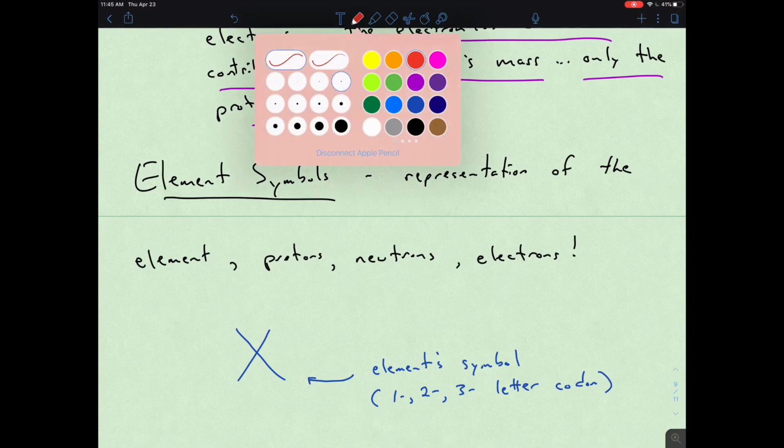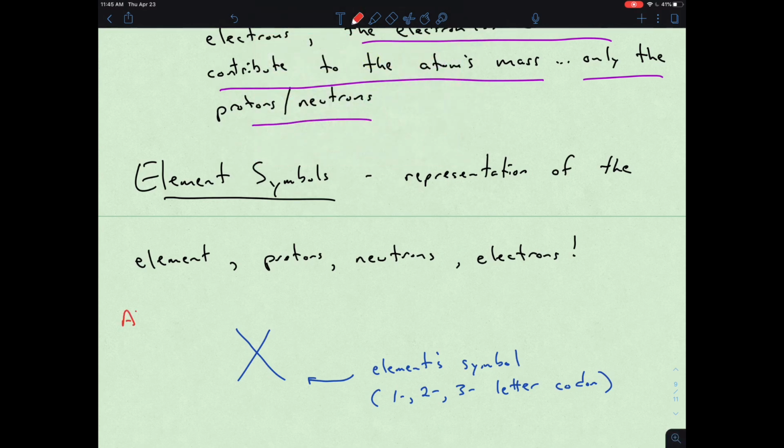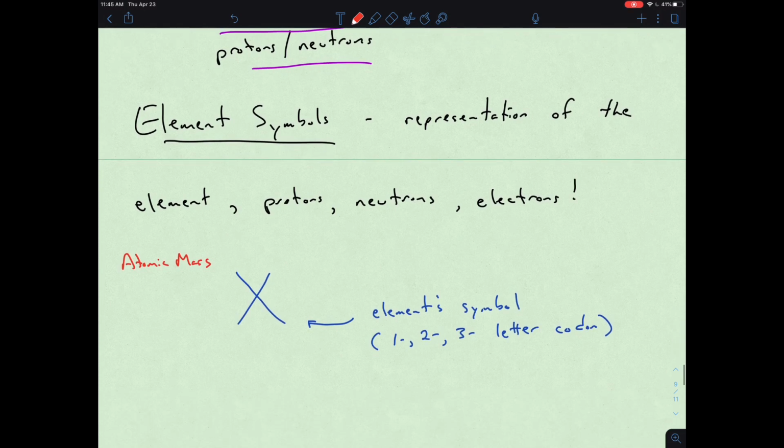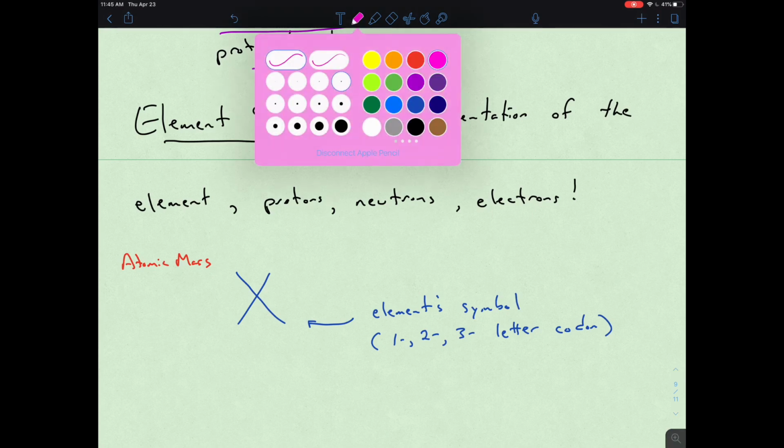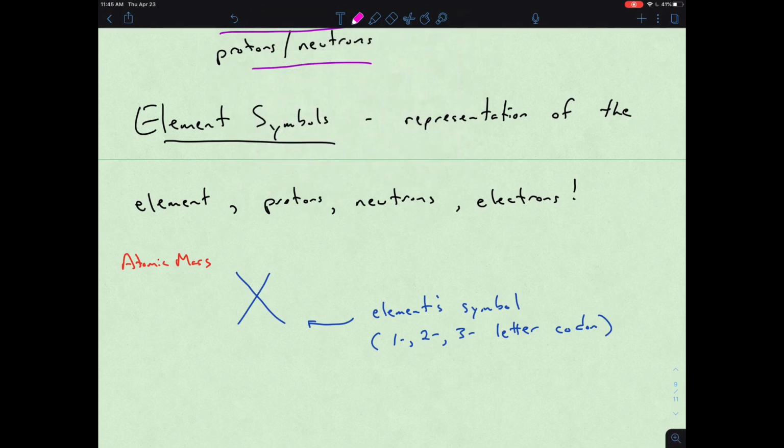We then have atomic mass in the top left portion of this representation, and we then also have our atomic number in the bottom.